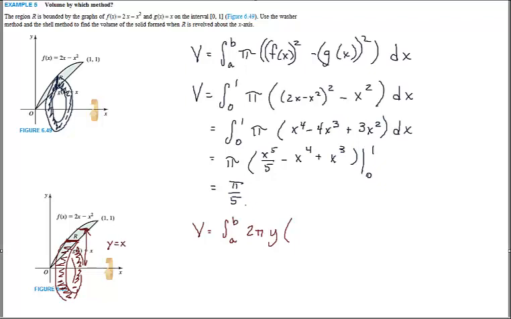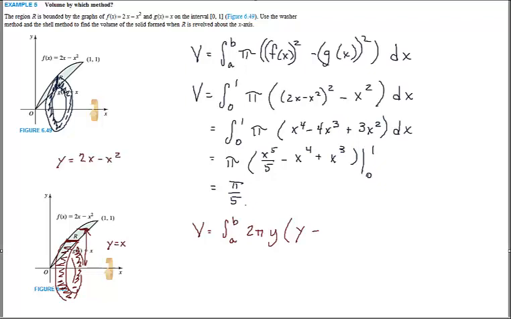Then I've got to figure out that bottom function on those heights, because it's going to be varying heights as it goes along. Y minus, and here's going to be the bottom of that thing as you make those shells. So I've got to say y equals 2x minus x squared.